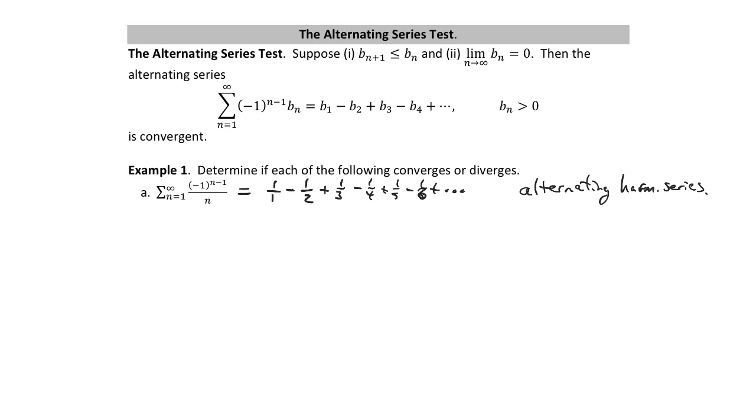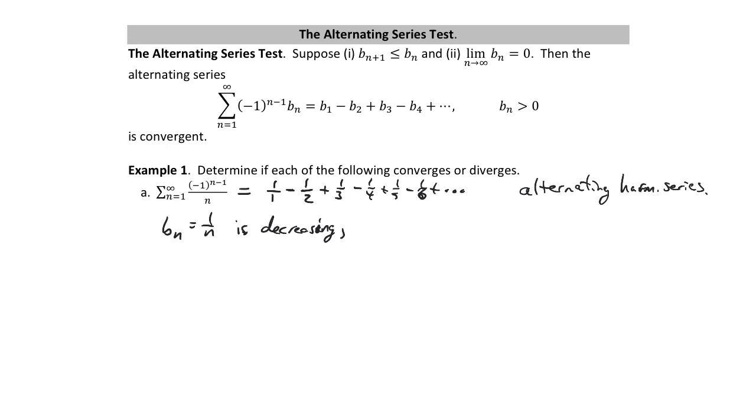Okay? So I want to fit it to the alternating series test. So I'm going to let b sub n be what each term looks like without the negatives. So b sub n is the sequence 1 over n. It is decreasing. Is it? Well, sure, because if n gets bigger, the denominator gets bigger, so the fraction gets smaller. It's decreasing.